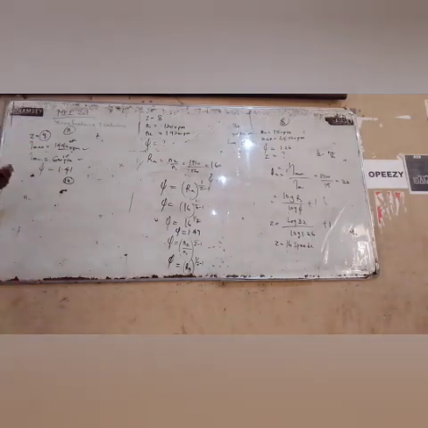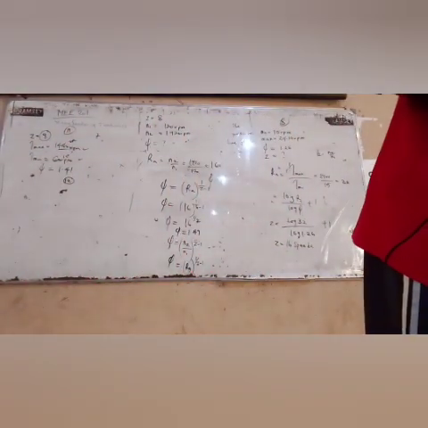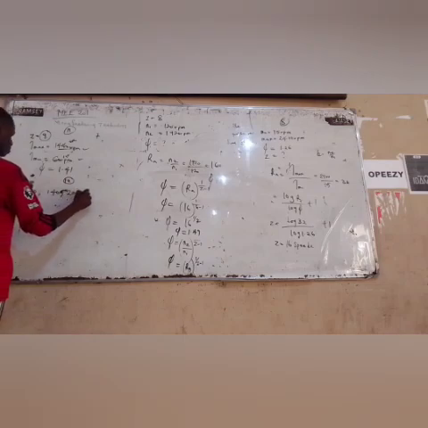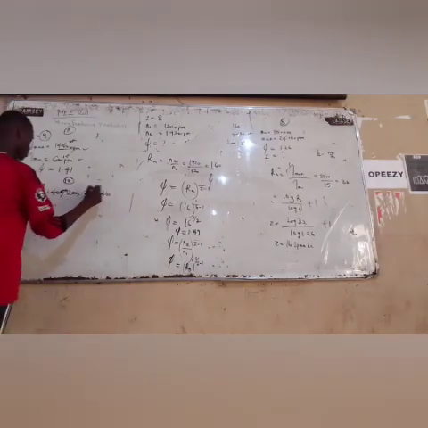Now, the second one is to calculate the feed rate at each speed for a lathe. This is a lathe machine, with speed, is it number 12? Yes, it is. Now they give us the speeds: 100, 140, 200, 280, 400.